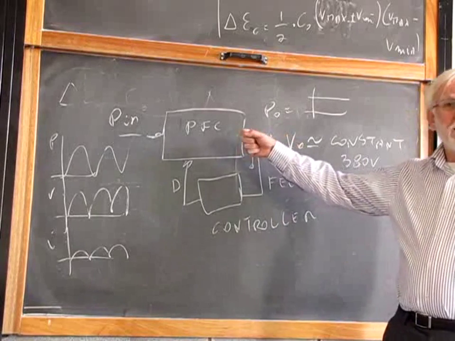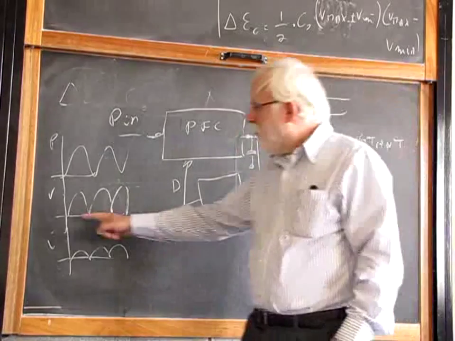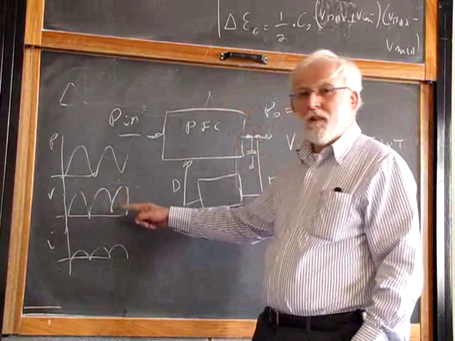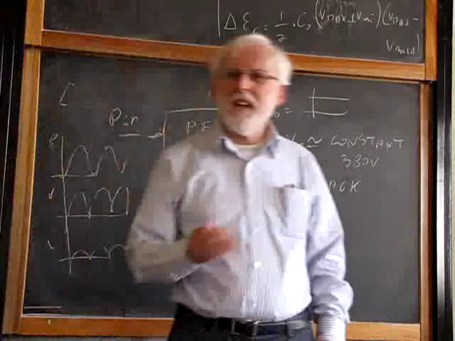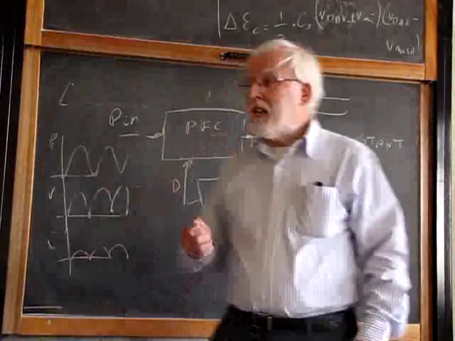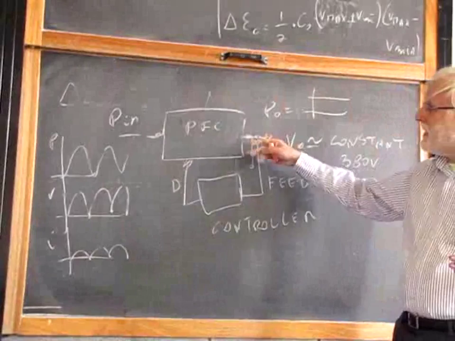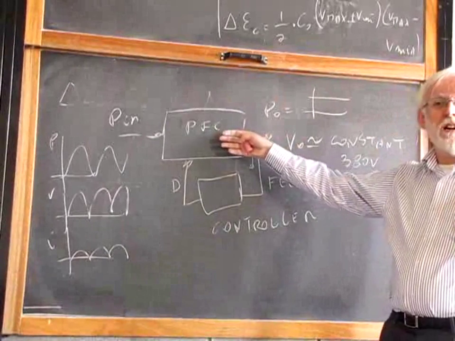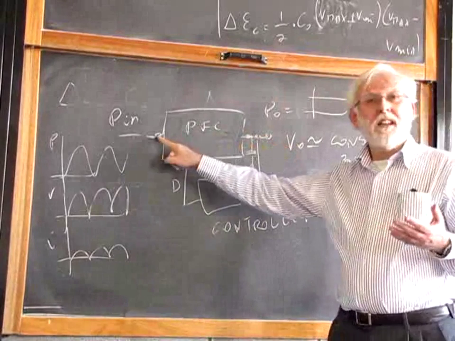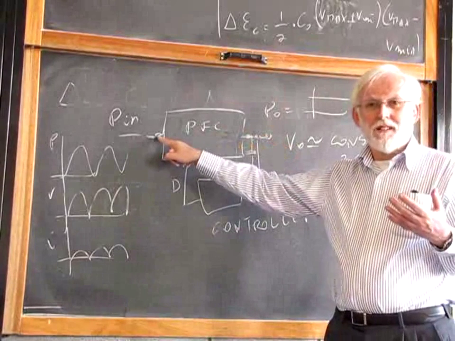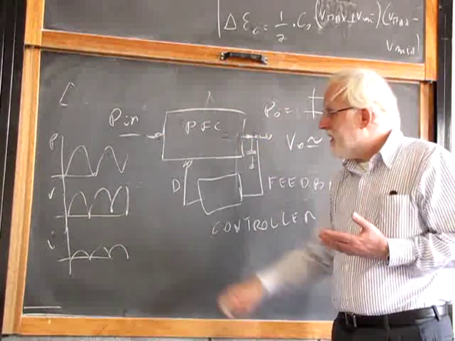I am trying to get from this circuit a constant output power while the input voltage is this one. Power looks like V times I. So if I force this output voltage to be constant, I am forcing my circuit to deliver a constant power. Delivering a constant power means that it is taking from the input a constant power, and constant power means that V times I equals constant.